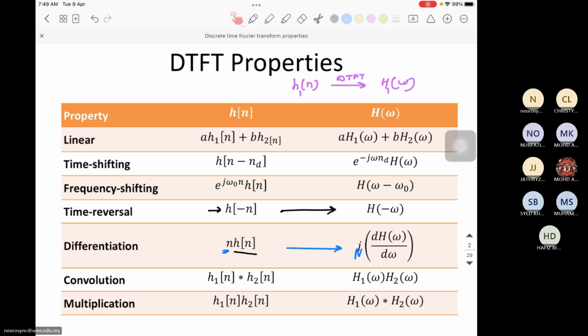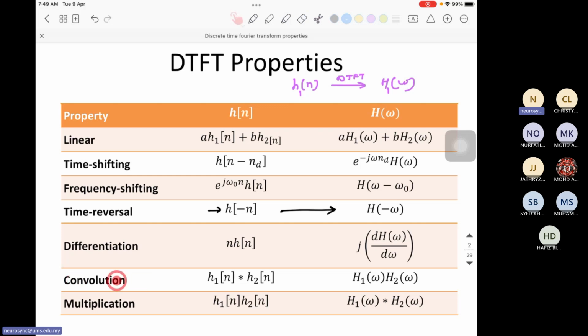That is the derivative of h of omega with respect to omega, not time. And it is j times this.